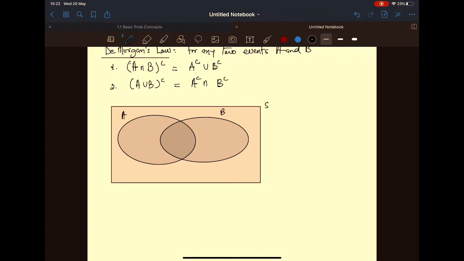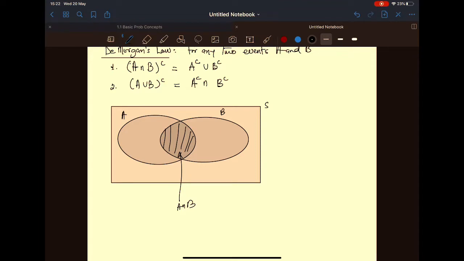Now, we know A intersection B from that Venn diagram is what is common to both of them. And from here, we can see this part of the set represents our intersection, which is common to both of the sets.